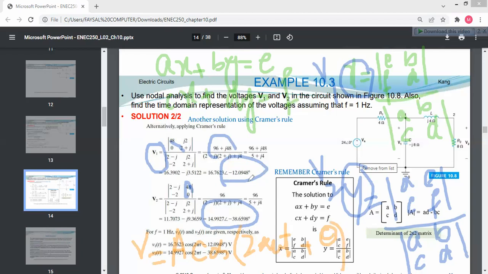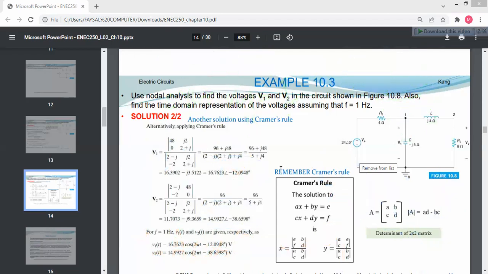So first it is negative 12.0948, and for the second it is equal to negative 36.38.6598. So these are the values of phase shift or theta angle. So I have to put these values in my equation, and after computing, I can find the value of V1 and V2 for my system respectively.